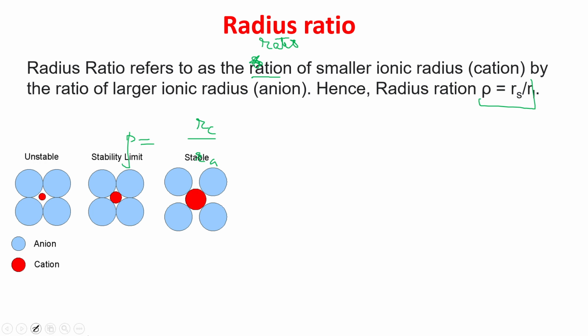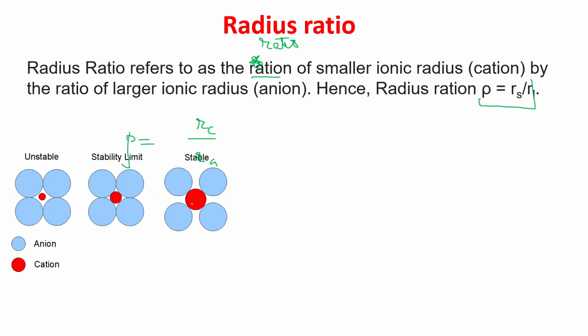So, how can we define that the packing is stable or unstable? If the cation is too small, that means it will move freely. That will give an unstable structure. But if the cation is perfectly sized, then the packing will be really nice. If packing is nice, that means the rigidity and other properties that make a solid properly arranged, a crystalline solid, will be good.